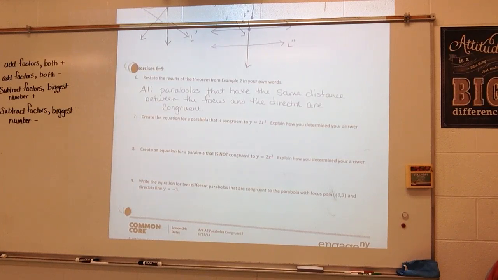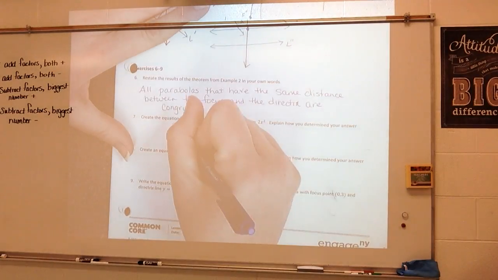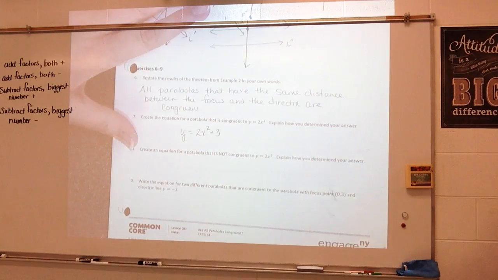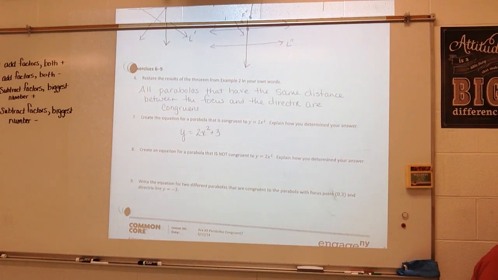Create the equation for a parabola that is congruent to y is equal to 2x squared. Explain how you determined your answer. Well, the only thing that's going to matter, as long as the coefficient of the x squared is the same, then the parabolas are going to be the same. So I could say y is equal to 2x squared plus 3. It doesn't matter.